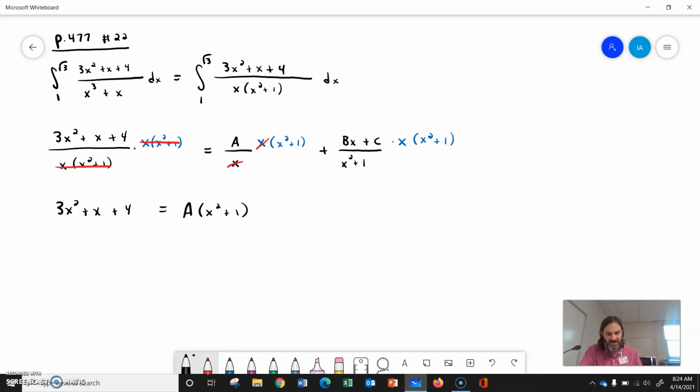We'll distribute that in a moment. And the last fraction, I'm going to reduce out the x squared plus 1, which will leave me with Bx plus C times x. So let's clean this up, and then we can actually try and solve for A, B, and C. So 3x squared plus x plus 4 equals Ax squared plus A plus Bx squared plus Cx.